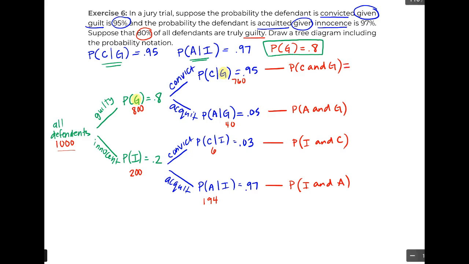And so like I said, with the numbers here, I can actually see that if I divide by that 1,000 exactly what my percents would be, or my probabilities would be. But again, to find these, I would just multiply the 80 with the 95, or the 0.8 with the 0.95. But same idea of what we're doing here with the numbers to get that value.